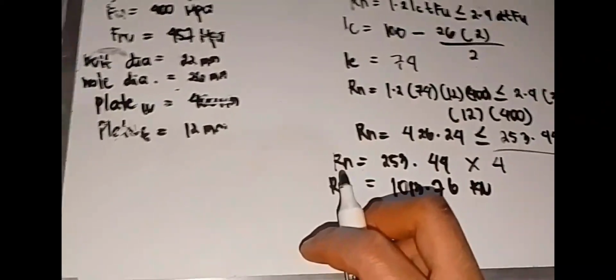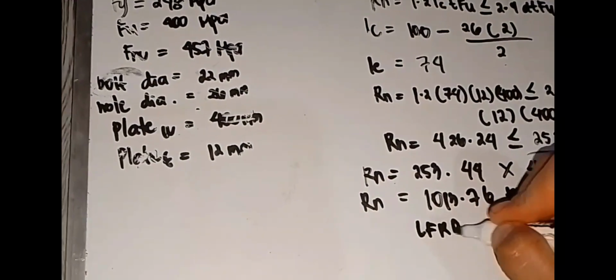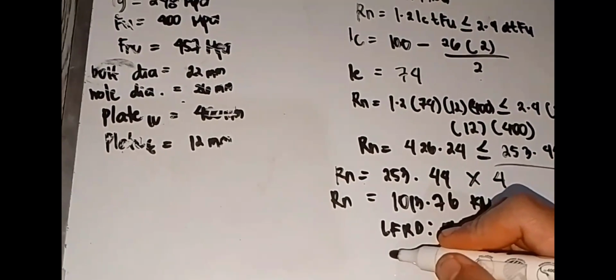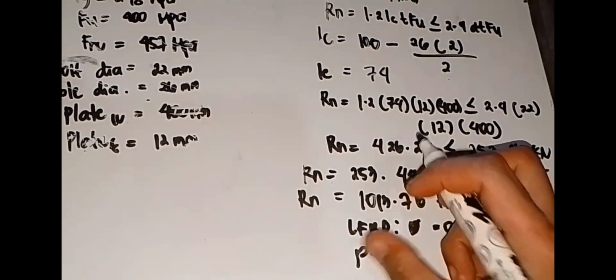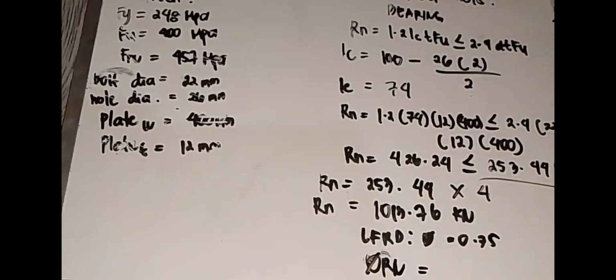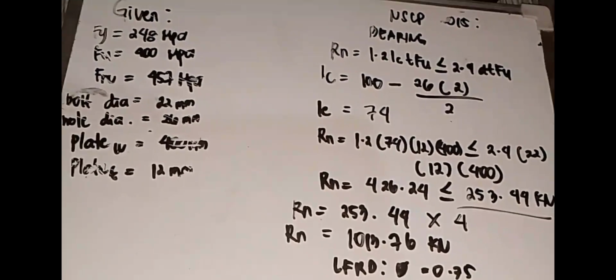So to find LRFD and ASD, for LRFD, phi is equals to 0.75, so phi Rn is 0.75 times 1013.76, which is equals to 760.32 kilo Newton.